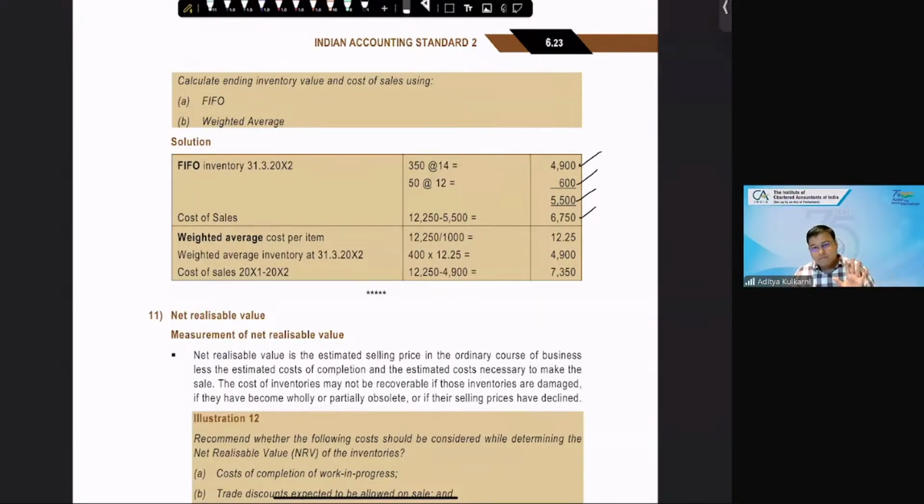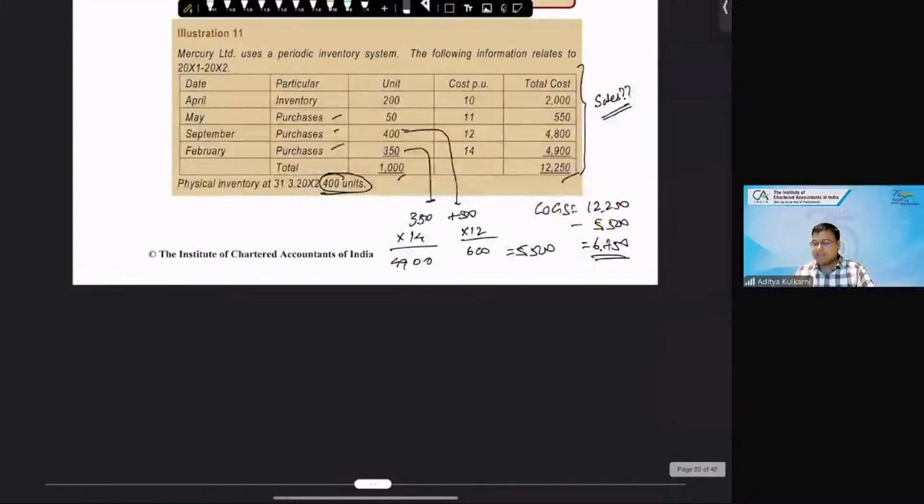Weighted average, I am not very comfortable with this answer. I'll tell you why. See, weighted average should be a moving average. I can say that there is lack of data in the question. That is why Institute has given this method. But what is happening is the detail of sales during the period is not given.